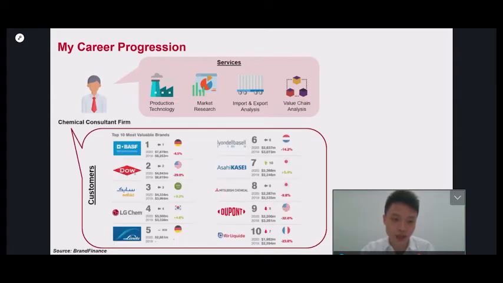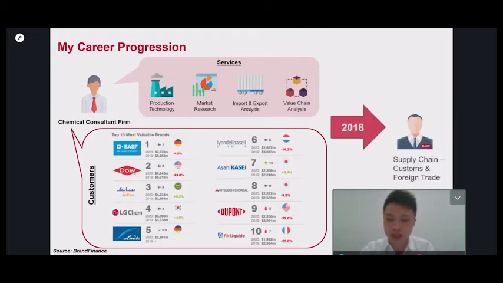Here I would like to go through a project I had done first in my chemical consultant firm. Here is the production of EDTA, a chemical commonly applied in pharmaceutical production and also agricultural production.